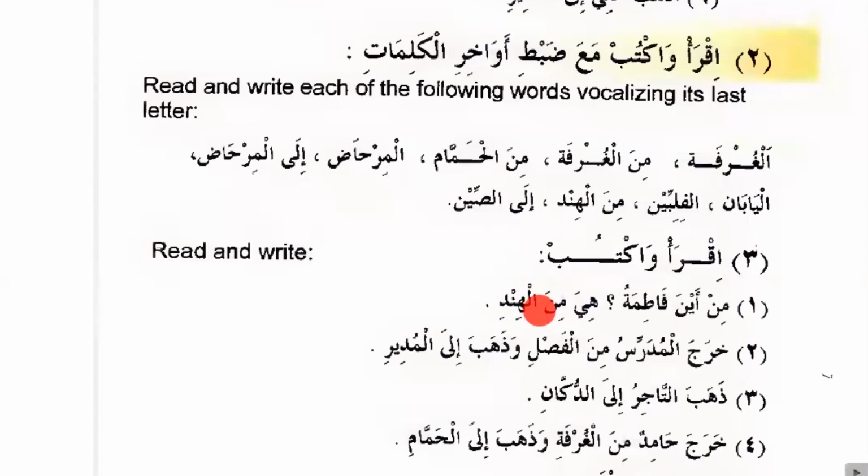So what will happen is that two sukuns will have to come together and you cannot pronounce it. So you have to change the first one to a fatha, so that you can pronounce it. So you say min as-sin, min al-hindi. You see some students saying min al-hindi with a sukun. That is not how it should be.